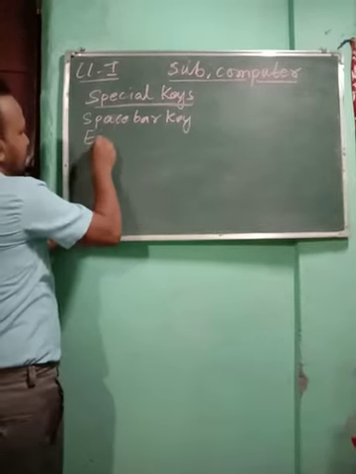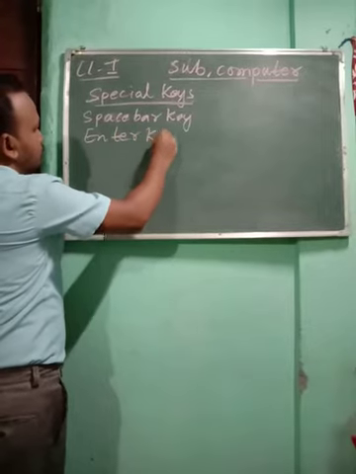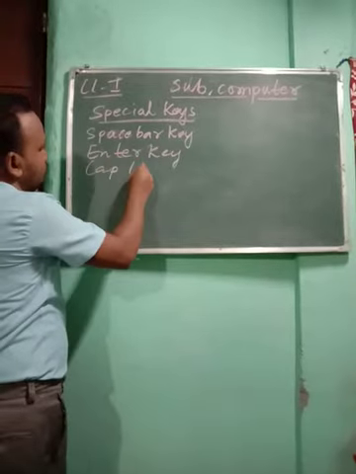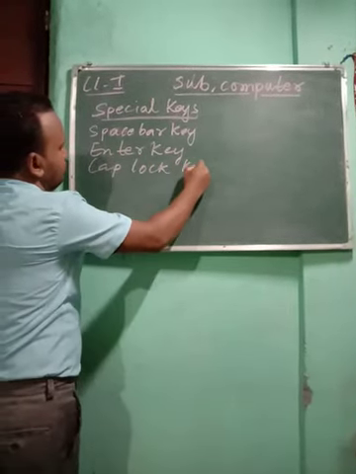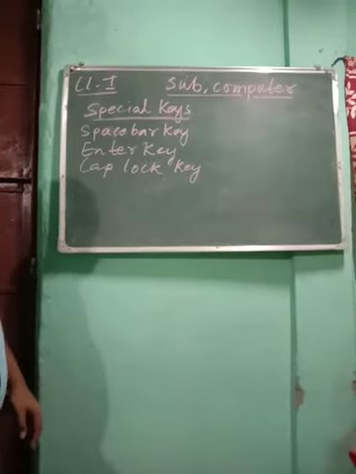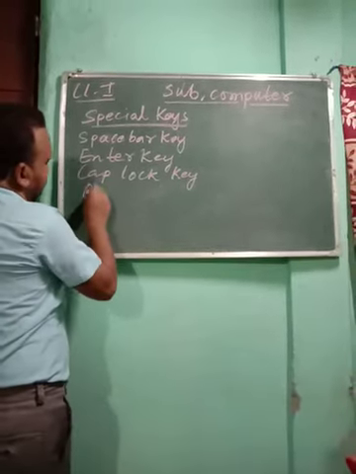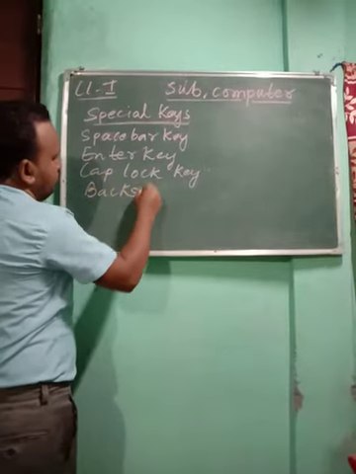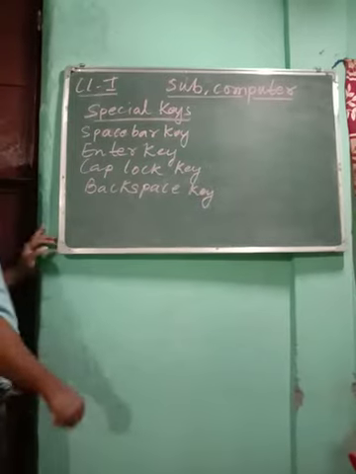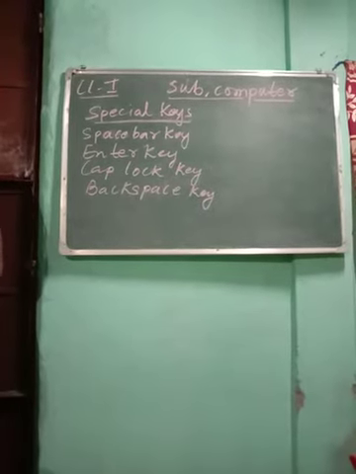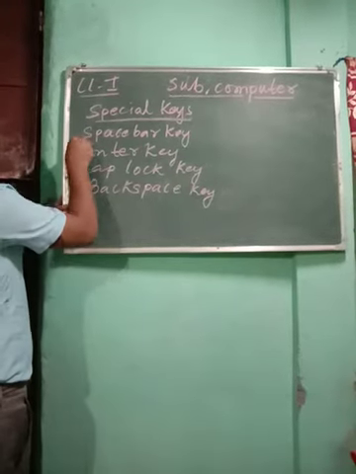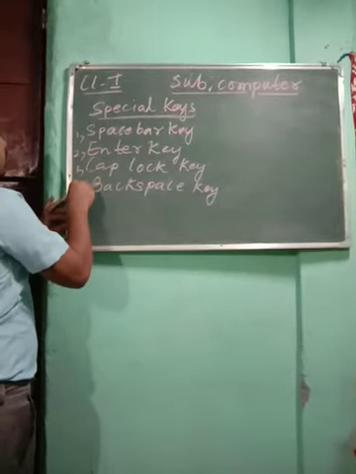Then enter key. Cap lock key, and backspace key. These are the 4 different types of special keys. This is 1, this is 2, this is 3, this is 4.